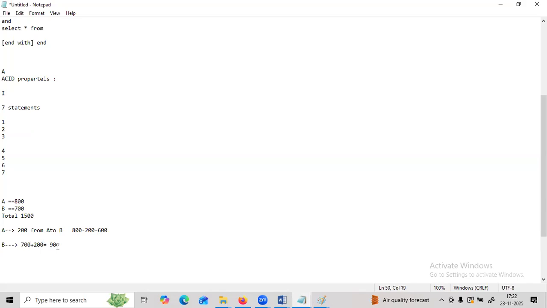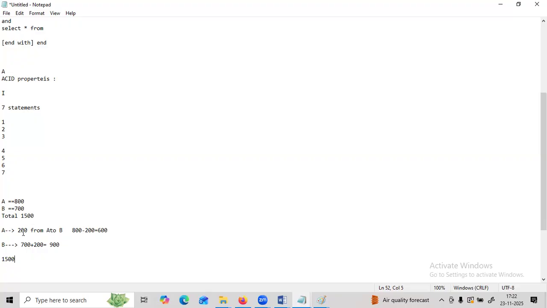The total should be 1,500. So here I have two tables, like two bank accounts. A has 800 rupees, B has 700 rupees. The total system data is 1,500.